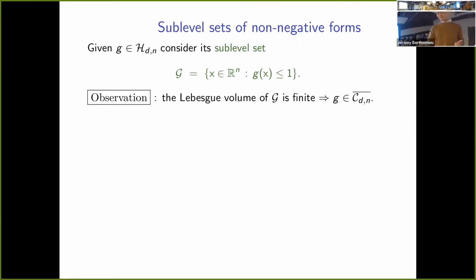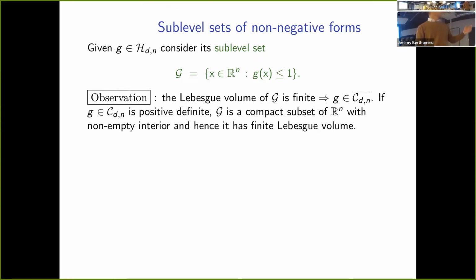Otherwise, if form g takes negative values, then you can put inside the sublevel set infinite volumes. Moreover, if you take a positive definite form, then the sublevel set will be compact, and hence its Lebesgue volume will be finite.